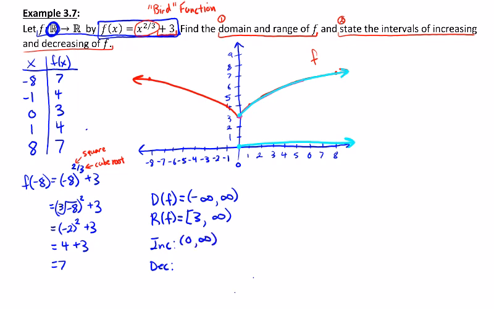Now remember, when you're doing increasing and decreasing, you're always supposed to use open intervals. So you're not going to include 0 in this. It's just not part of the definition for increasing, decreasing. And then for decreasing, we have this interval. And with that interval, that would translate to the x-axis and look like that. So that's going to be interpreted as -infinity to 0.